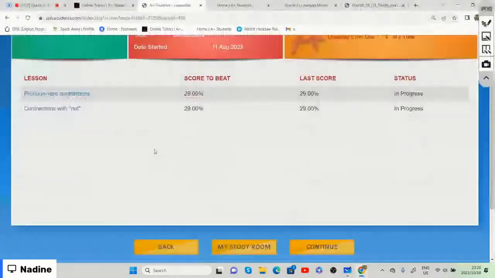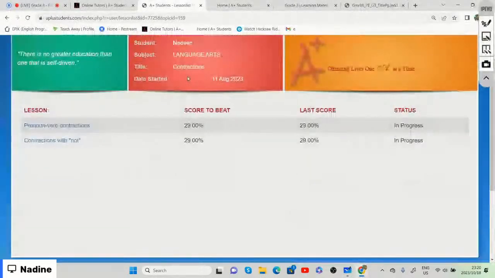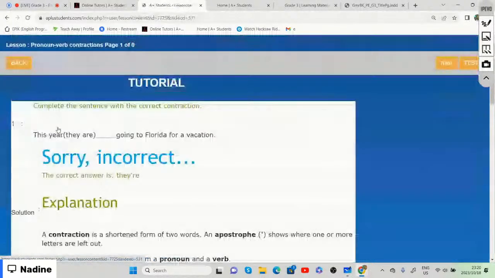Our chapter is contractions, and the first lesson that we're going to be focusing on is pronoun verb contractions.